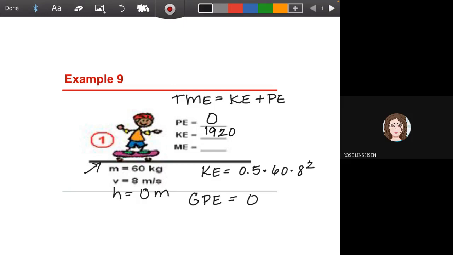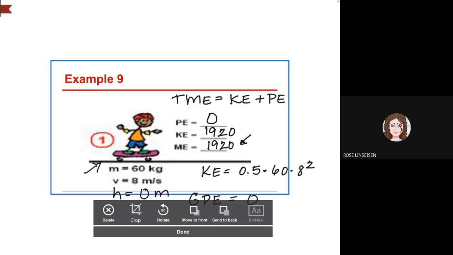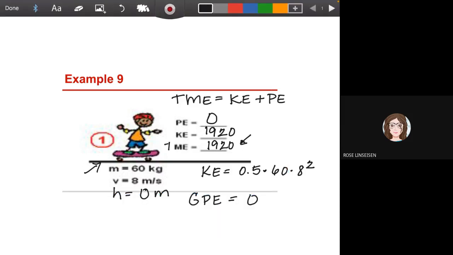So I'm going to add these two together, which is really easy because it's super easy to add something with a 0. So this skateboarder has a total mechanical energy of 1920 joules. So at every point, when it's going up, when they come back down, their total mechanical energy is going to be 1920 joules.